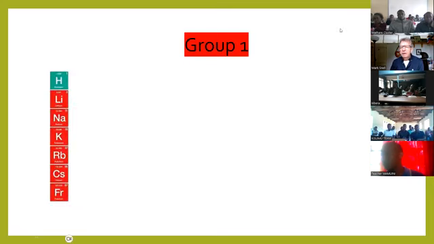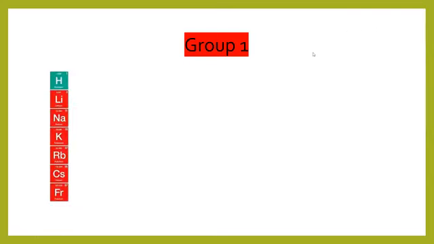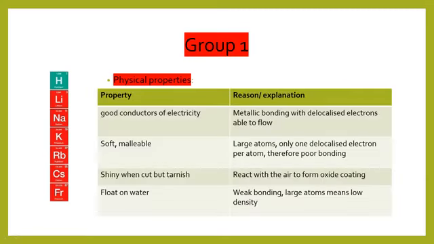Group 1. So what I do is I say, okay, I'm going to run through physical properties, and then I'm going to run through chemical properties. And I explain from the periodic table some things before I start getting into the groups. So I talk about atomic radius and so on.